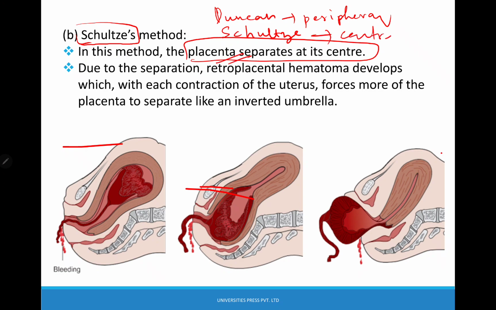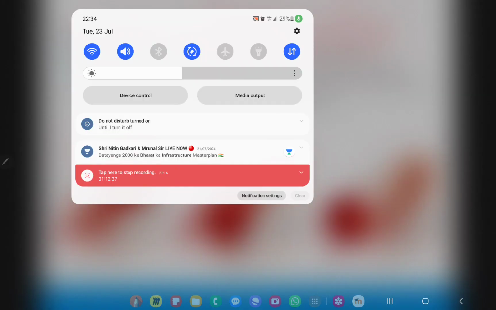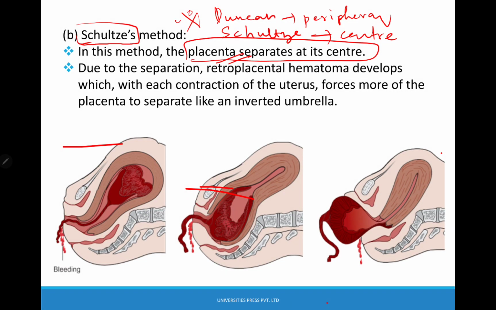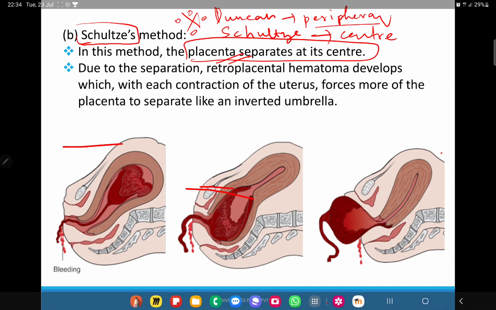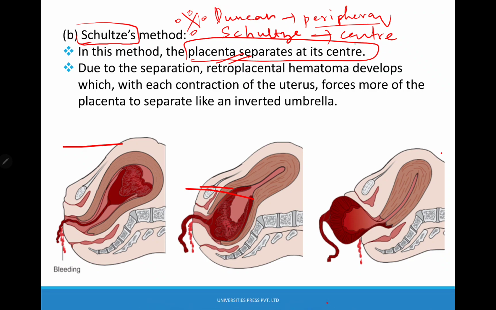That is the big difference. Very, very important.